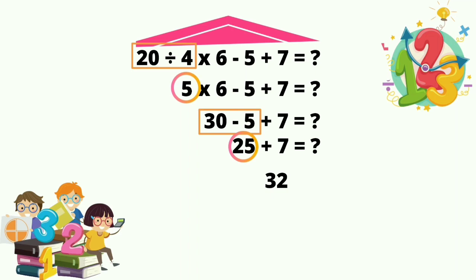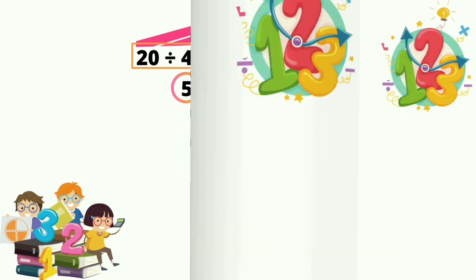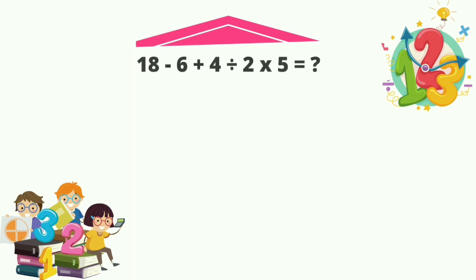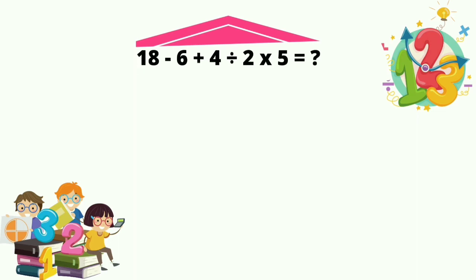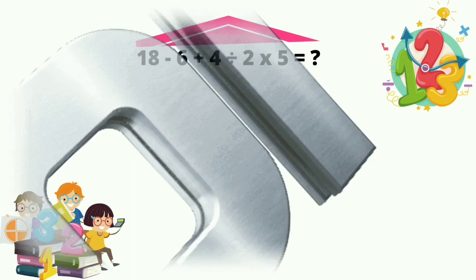Do we have the same answer? If you also got 32, you are perfectly right. One more example. 18 minus 6 plus 4 divided by 2 times 5. Can you try it? I'll give you 10 seconds to do it.